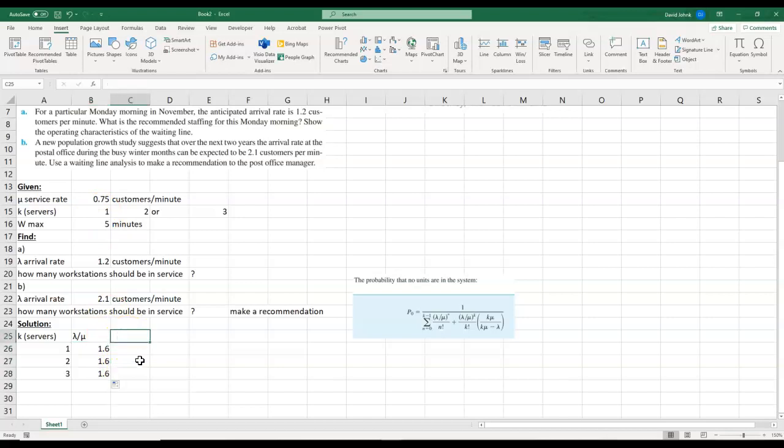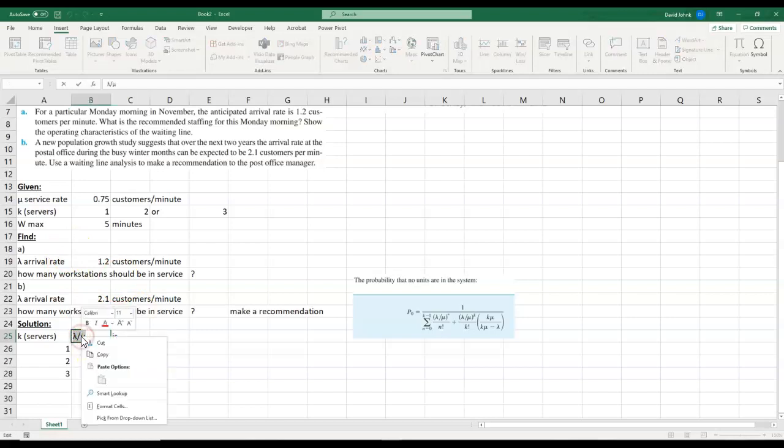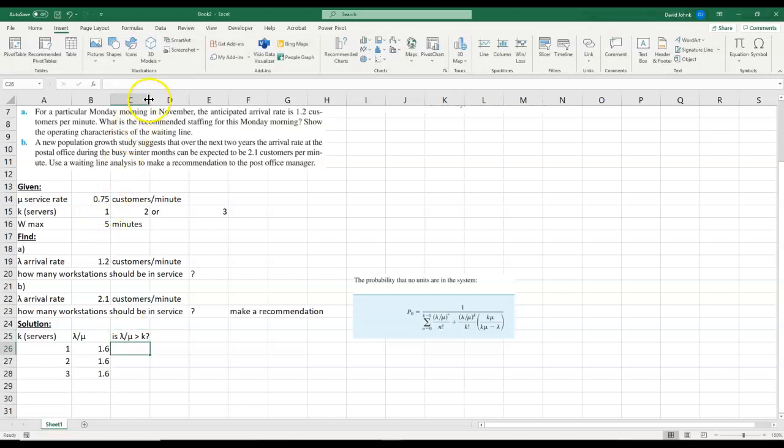Alright, and now we want to say, let me copy this. Lambda divided by mu greater than K. Okay.